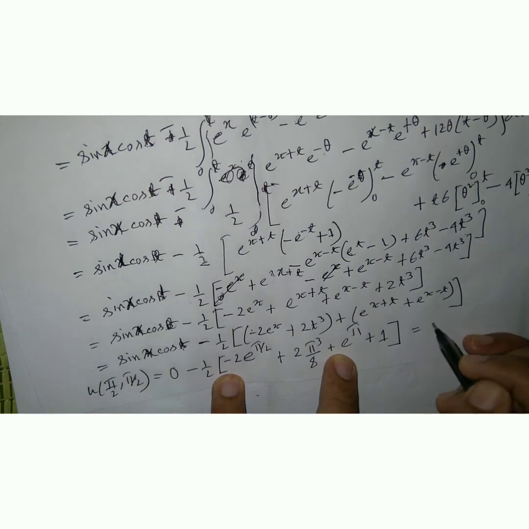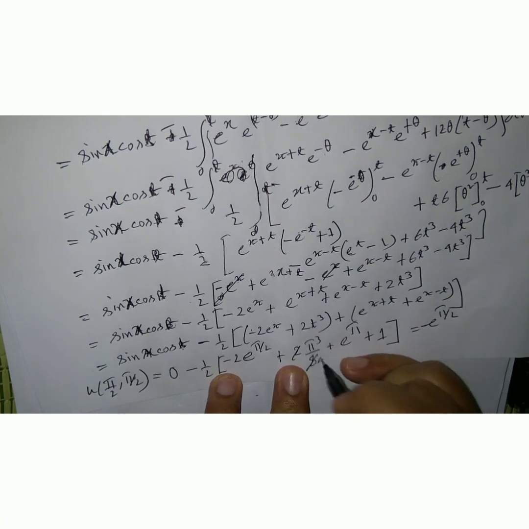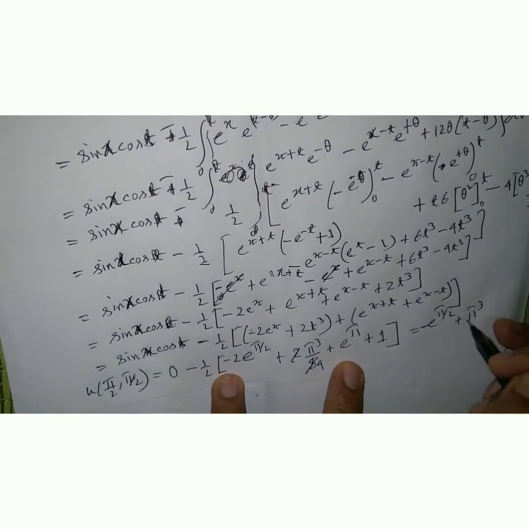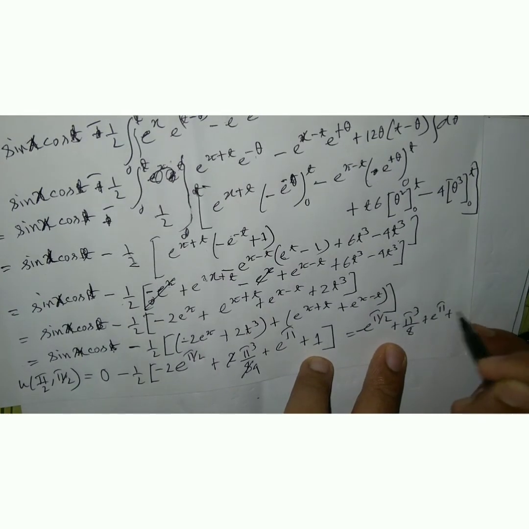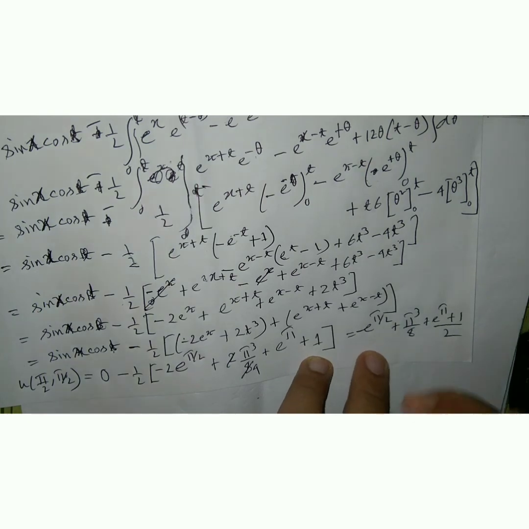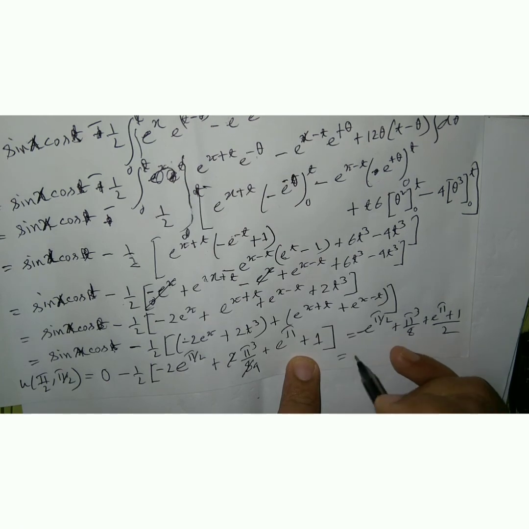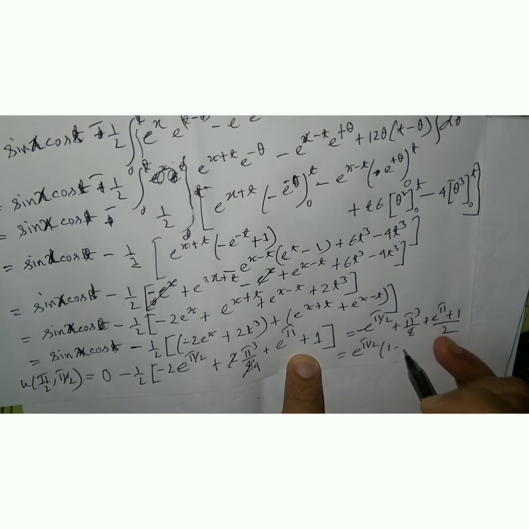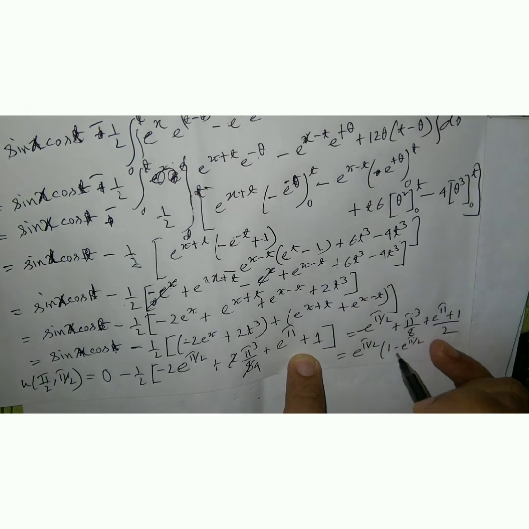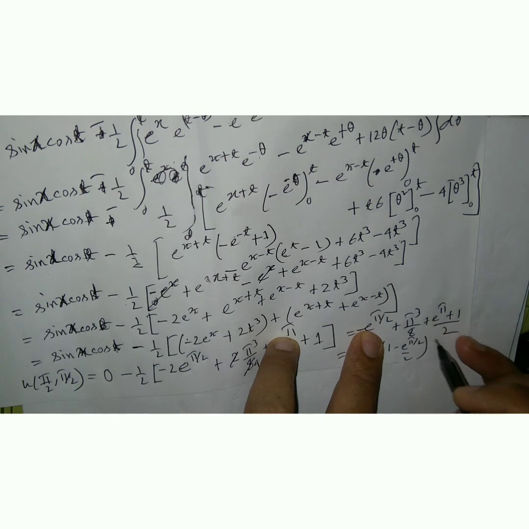So the calculation is minus e to the power pi by 2 and 4, I get pi cube by 8, plus e to the power pi plus 1 divided by 2, and after that you can write this way: e to the power pi by 2, 1 minus e to the power pi by 2, by 2, and 1 plus pi cube by 8.